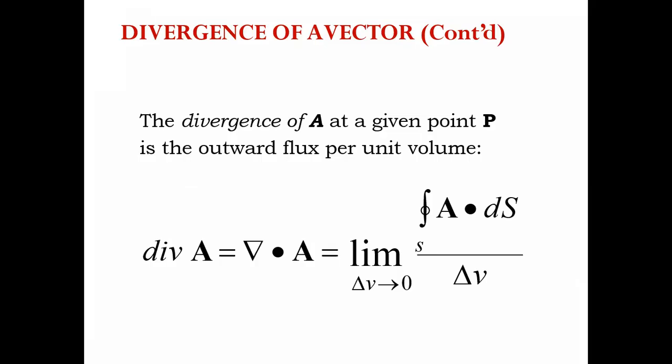Suppose the amount of water entering from the inlet end is the same amount that comes out, and we measure how much water is coming out. If the same amount of water is coming out, it means it is not diverging from its path.